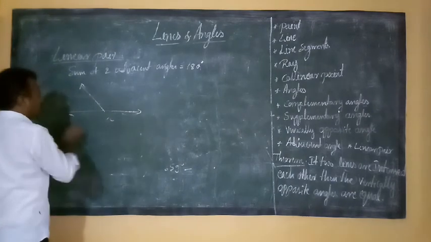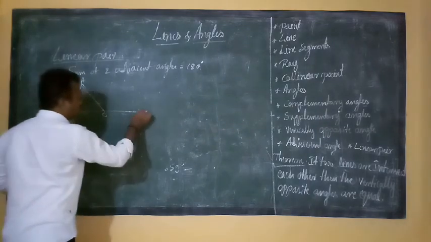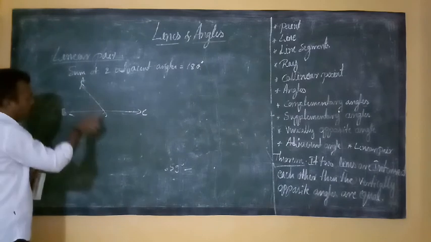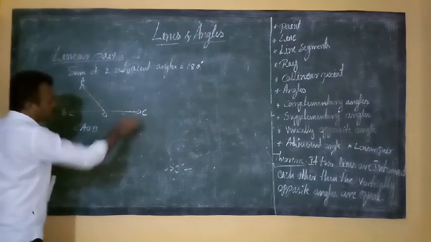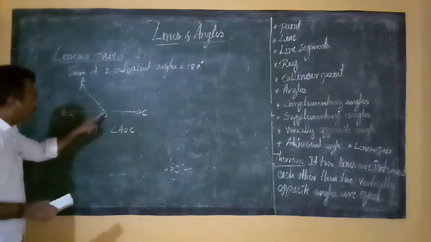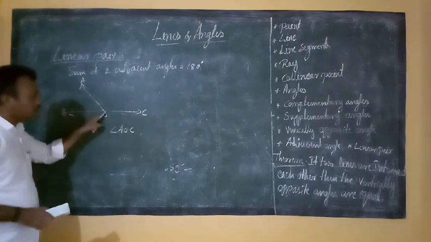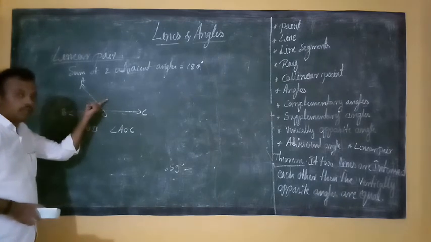See friends, this is O, this is A, this is B, and this is C. See friends, angle AOB and angle AOC. These two are adjacent angles because O is the common vertex and AO is the common arm of both angles. Correct? Therefore, it is an adjacent angle.